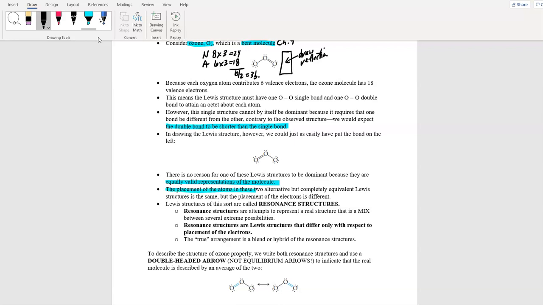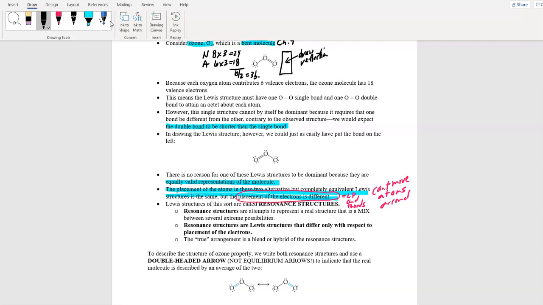But the point is this last part: you can't move atoms around in resonance structures. All you can do is move electrons. And with those electrons, you can move lone pairs and bonds. Because remember, bonds are electrons too.